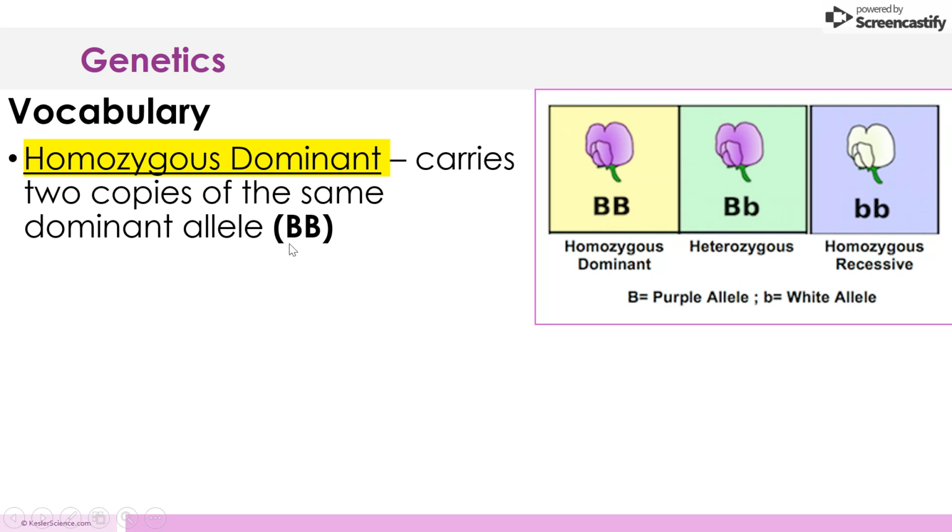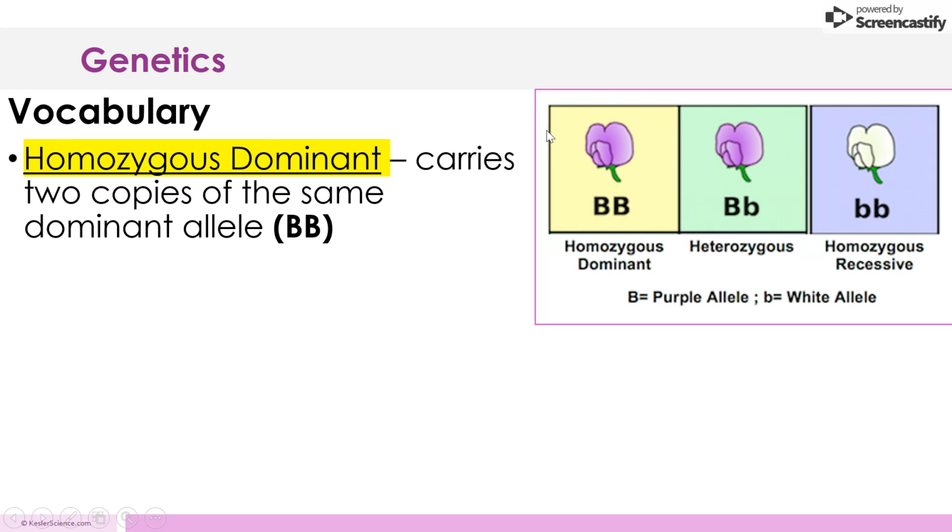So that means, and dominant alleles are always going to be represented by capital letters. So an example of a genotype that is homozygous dominant is capital B, capital B. Homozygous because they're the same, homo meaning same, dominant meaning we have capital letters, so we have two capital B's.